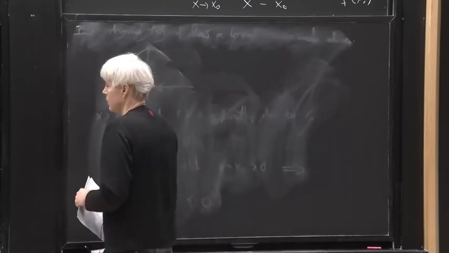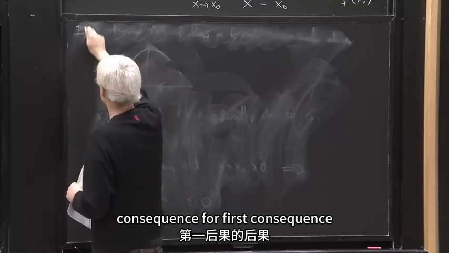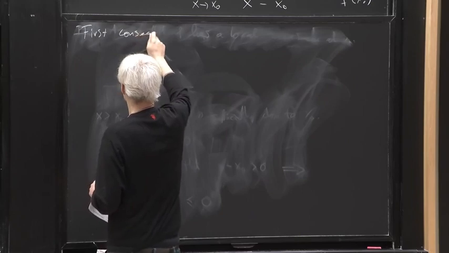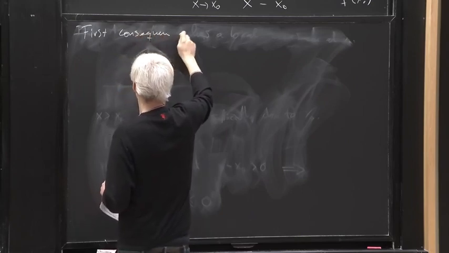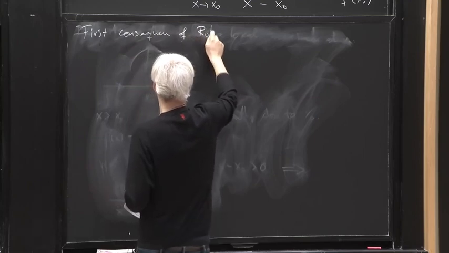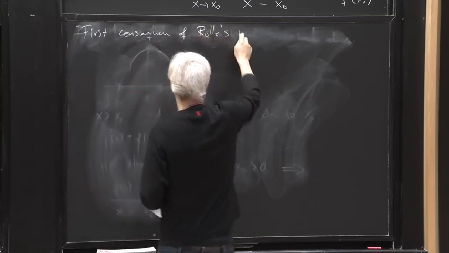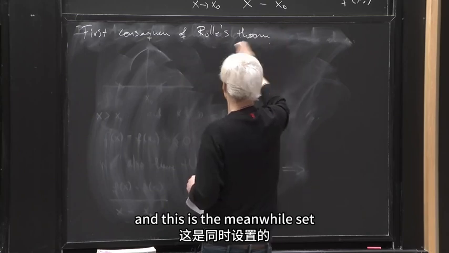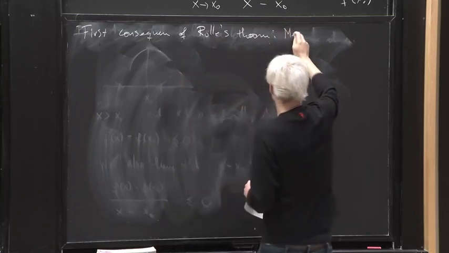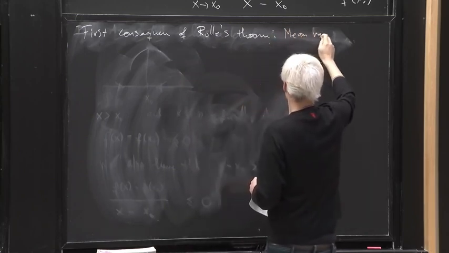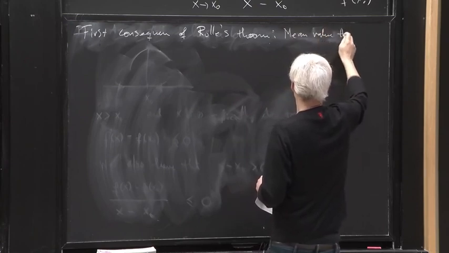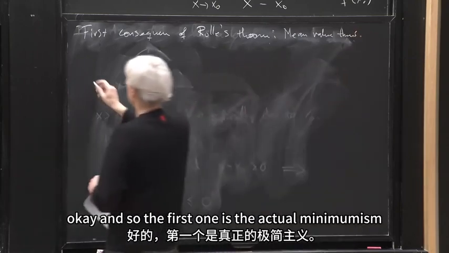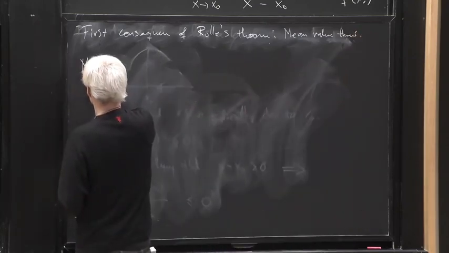So, the first consequence of Rolle's theorem is the mean value theorem. The first one is the actual mean value theorem.